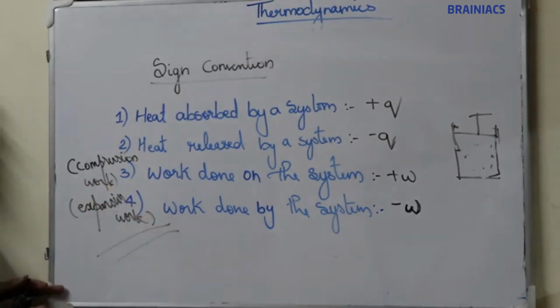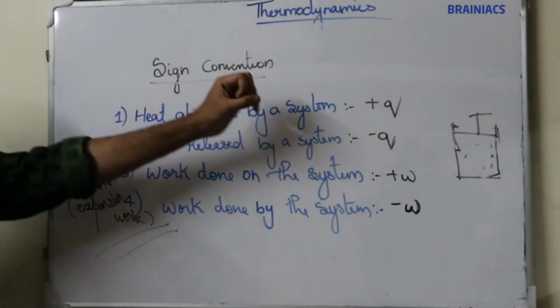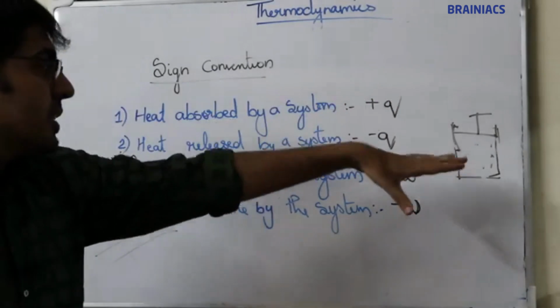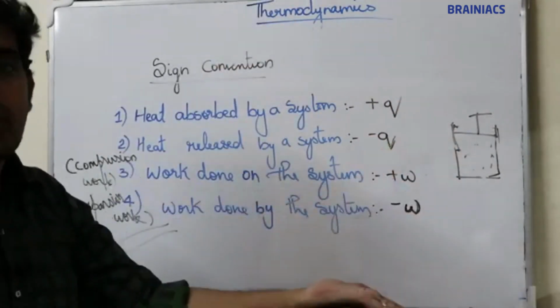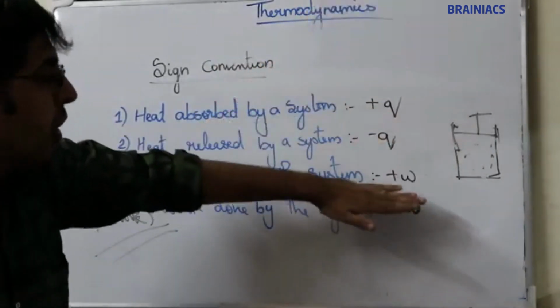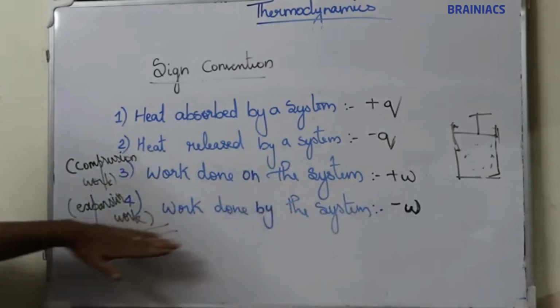So these are the four important sign conventions. Heat absorbed by the system, plus Q. Heat released by the system, minus Q. Work done on the system, plus W. Work done by the system, minus W. Work done on the system is compression work and work done by the system is expansion work.